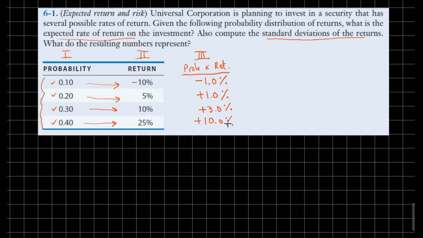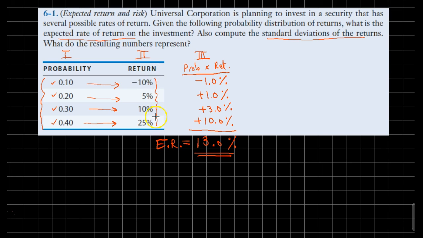And we have these products for each state of the world. All we need to do now is add these up. Obviously, the first two outcomes will just cancel each other out, and we will be left with a 13% return on our investment, and that would be considered as the expected return of our investment. Is it reasonable? Yeah, let's see.